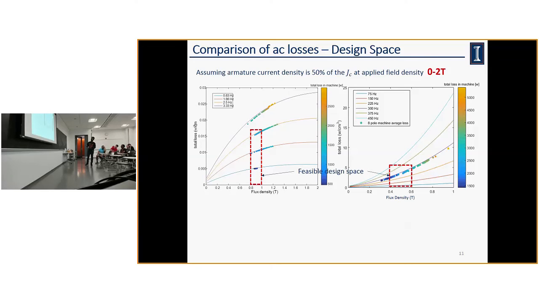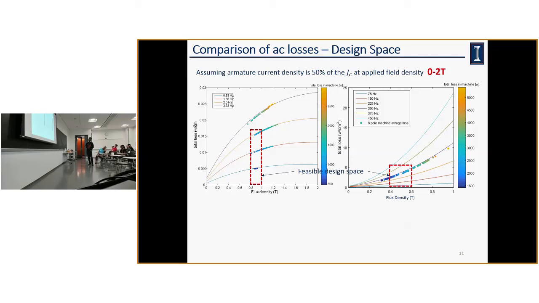If I am targeting the losses to be less than 1 kilowatt in the armature winding, then I have only these regions where I can design my motor, from like 0.8 to 1 Tesla. I can't increase the field density, because then the losses go very high, so it's not good. We can't go for this area. Here, only a low field can be used for design.